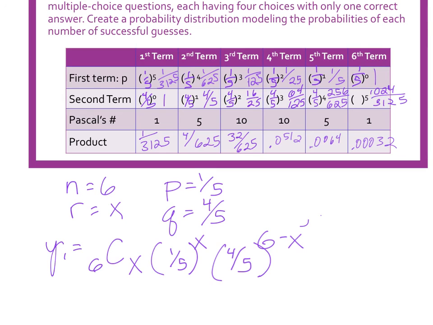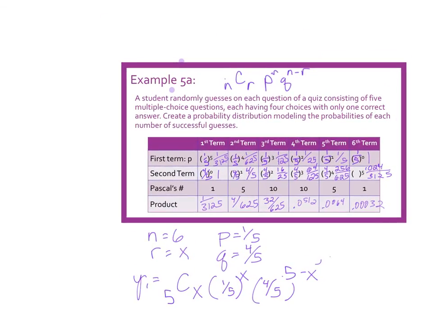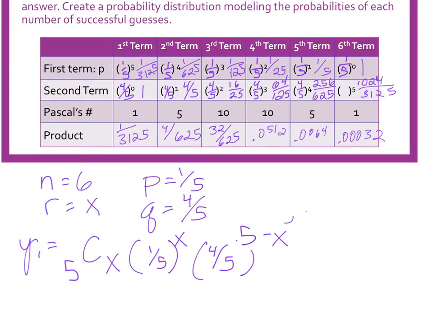Okay, so you realize it wasn't 6, it was to the 5, is what you should have been putting in: 5 minus x and 5Cx.